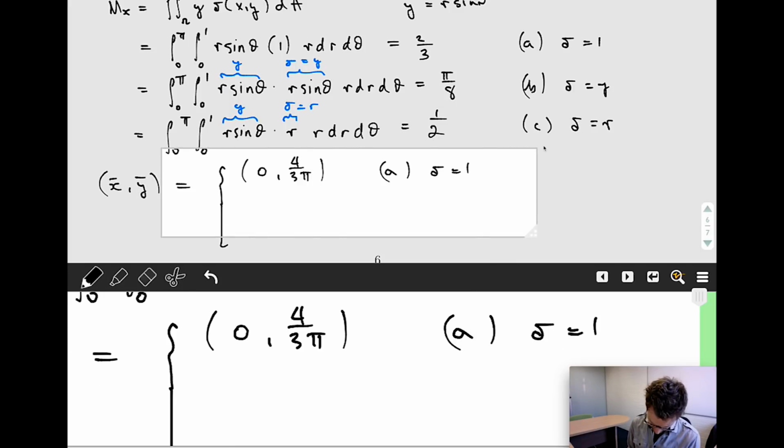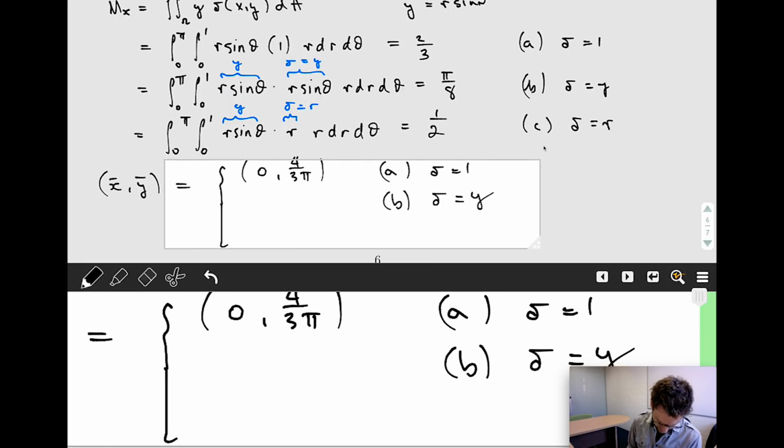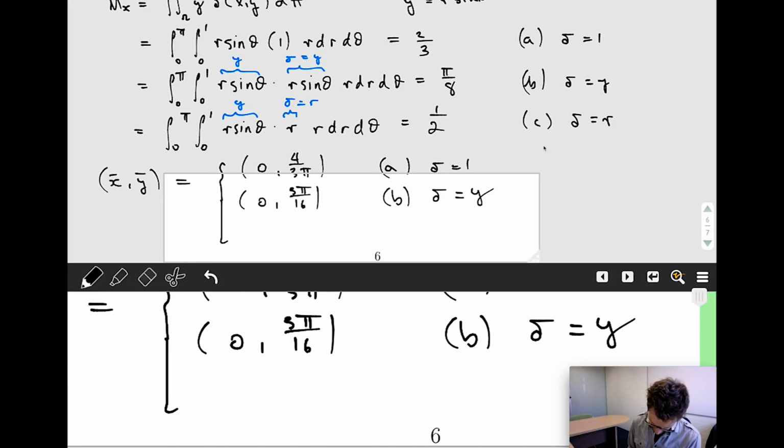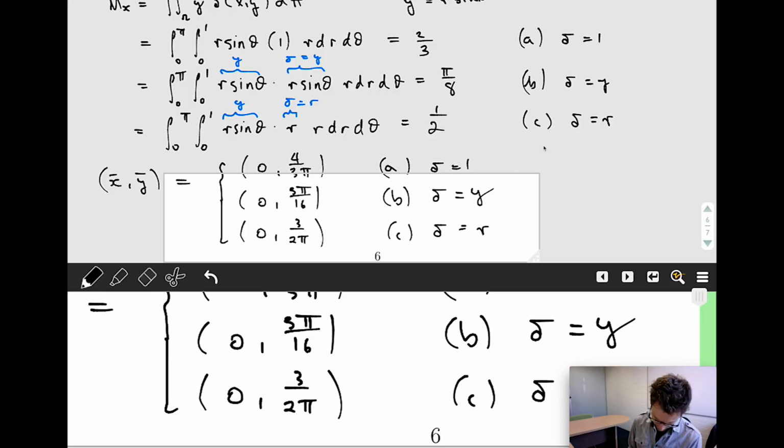In the case when the density is equal to y, we get 0, 3 pi over 16. And in the case when the density is equal to r, we get 0, 3 over 2 pi.